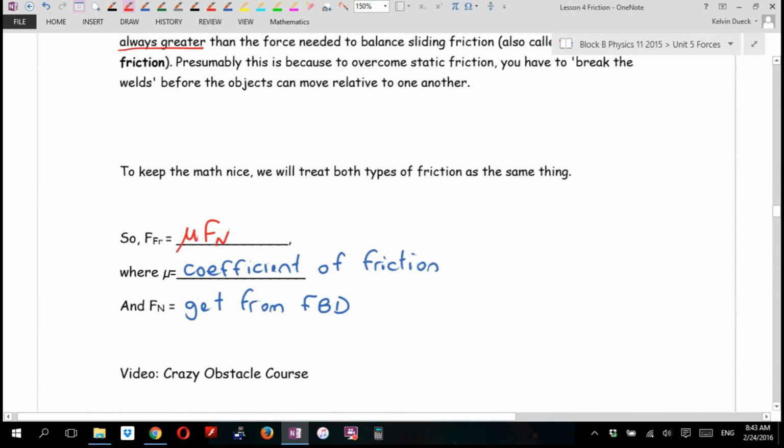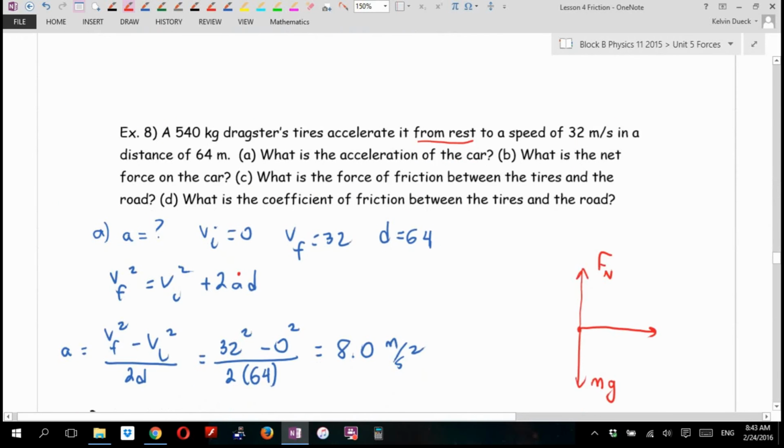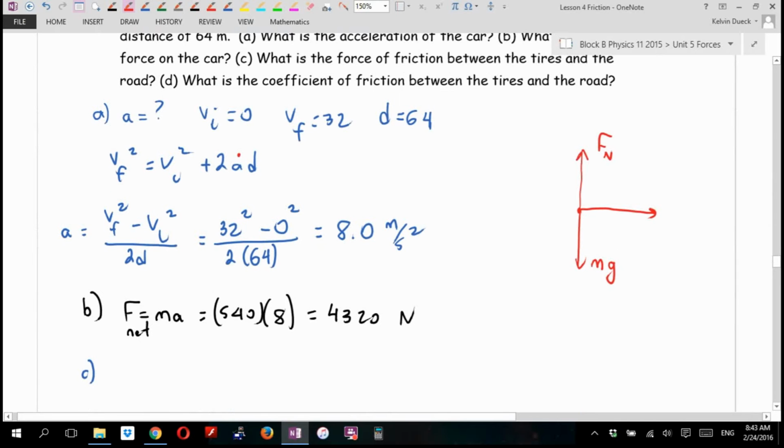But here, for a car speeding up, friction is pointing to the right. Is there anything slowing it down? Technically air resistance, but we're going to ignore that, because I said we were always going to ignore it unless the question specifically mentions it. Is that okay, Hayden? Yeah.